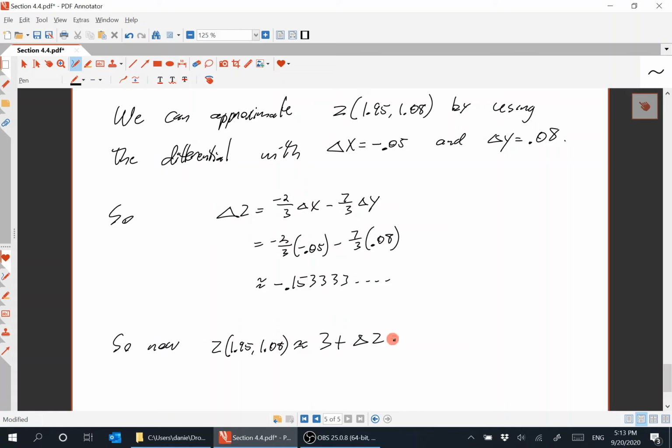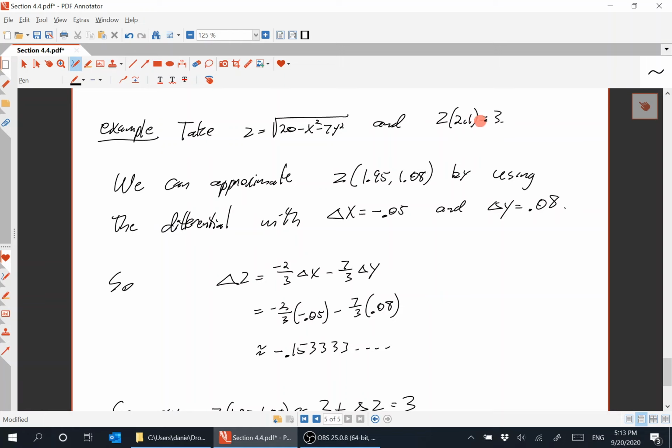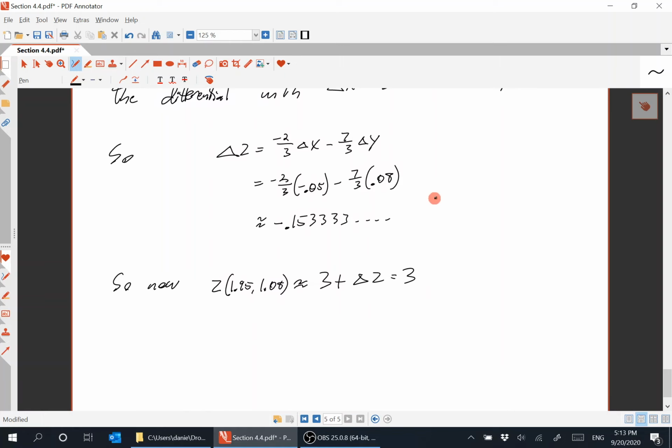So this is 3, the fixed value for z at the point (2, 1), plus delta z, minus 0.15333, which equals 2.84666.